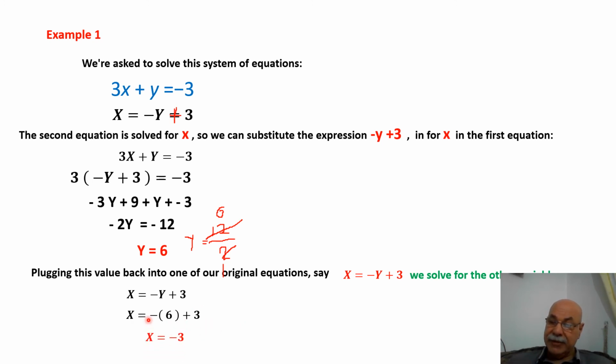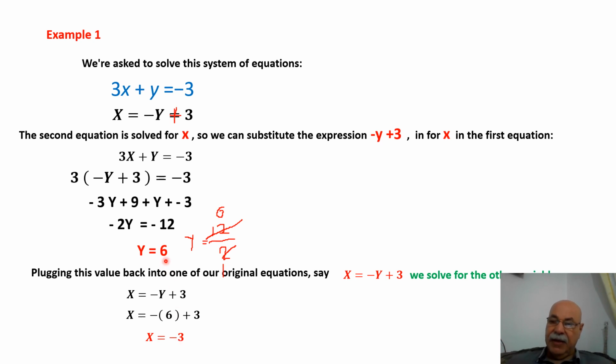Do you know why this is coming? Because I get here the value of y, which is 6. That's why I change the value of y to 6 instead of y here, and plus 3 becomes x equals minus 3.